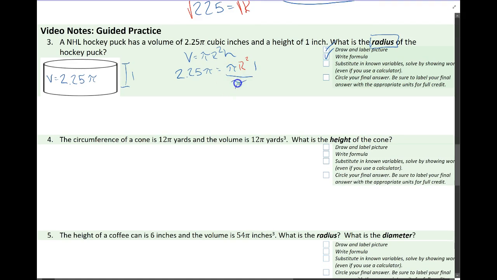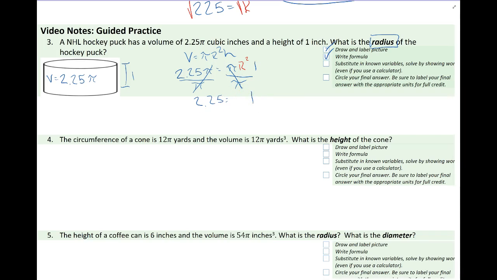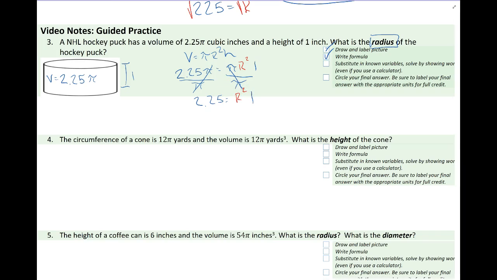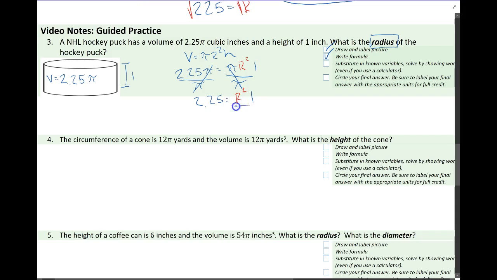So I say divide by pi, divide by pi. Pi is now gone. I say 2.25 equals 1 times r squared. Well, now I can divide by 1, which doesn't really help me, but it at least isolates some things, and I get 2.25 equals r squared.